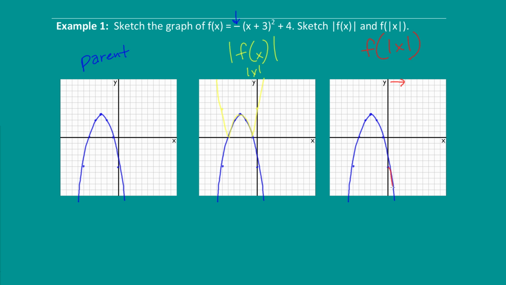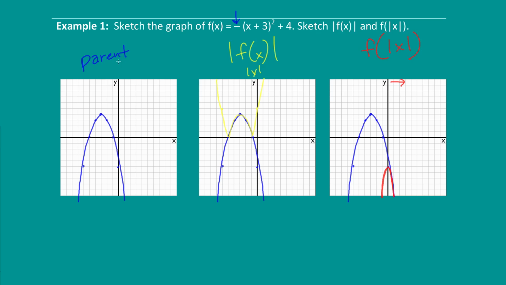That means that these points are perfectly valid, and we're going to take those points and make a reflection across the axis of those points. So this is going to be your f of absolute value of x. It's going to be the points that are reflected across the y-axis of your positive x values.